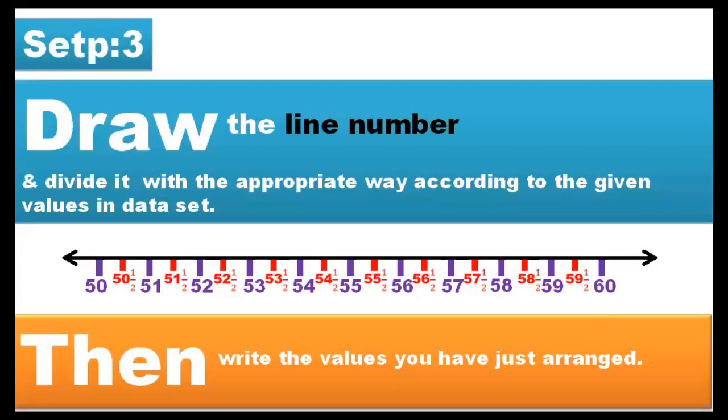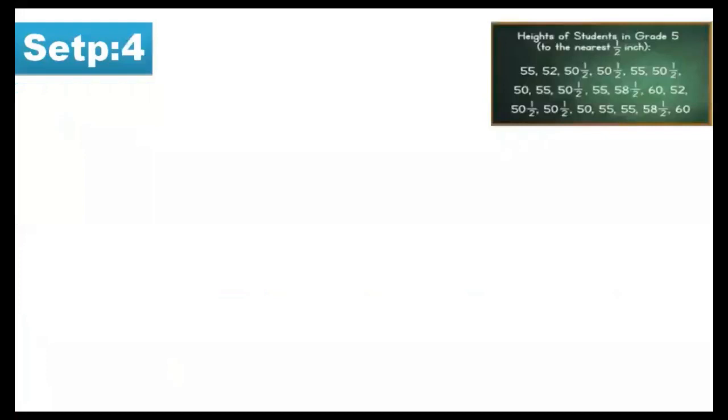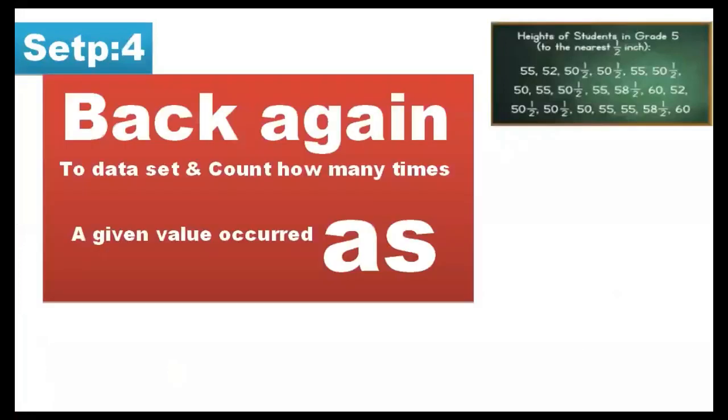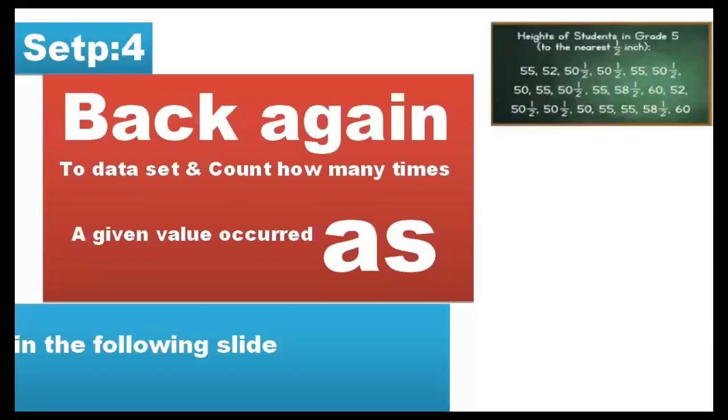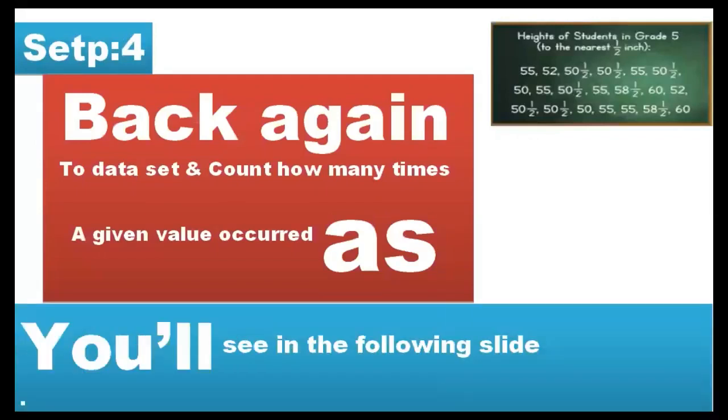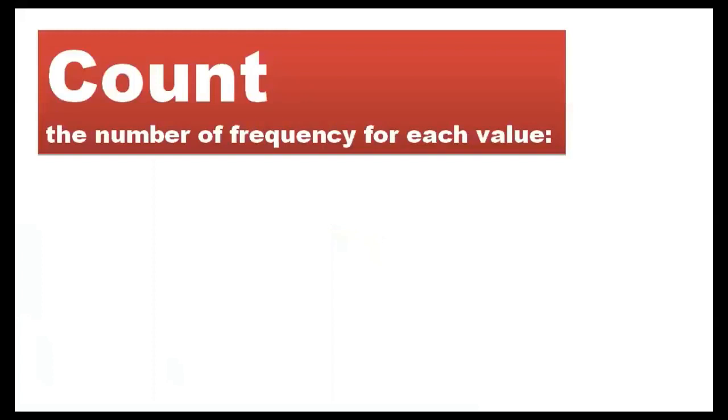Then, step number 4. Let's see. Go back again to the data set and count how many times a given value occurred, as you will see in the following slide. So, for example, here is 55. How many times is it repeated in the whole data set? Let's see. Count the number of frequency for each value.